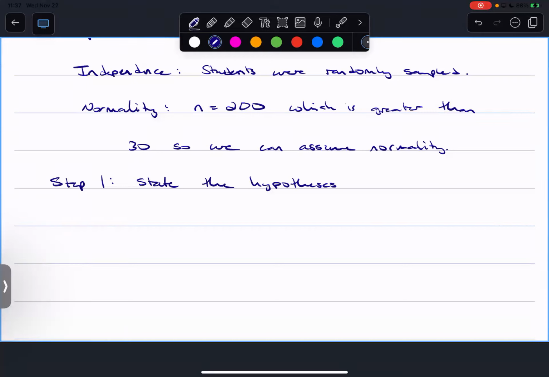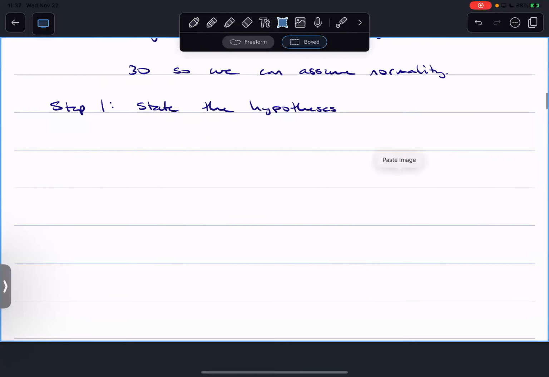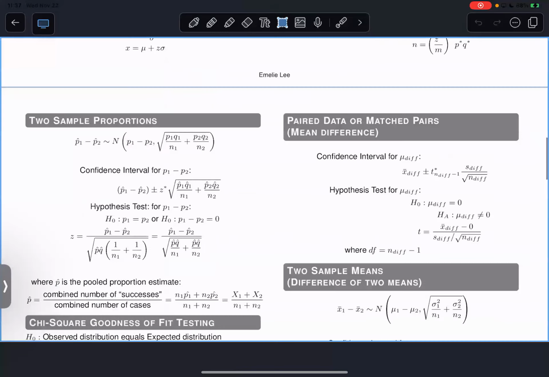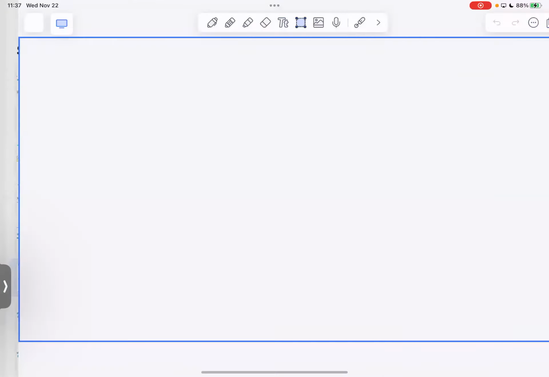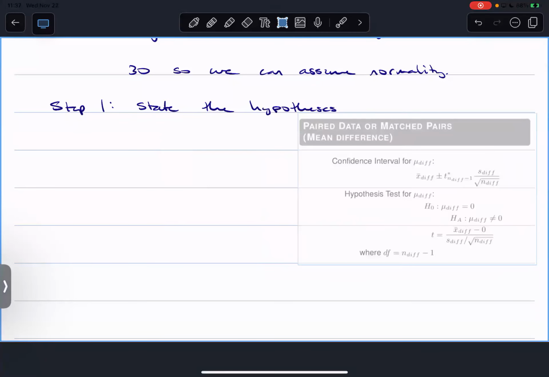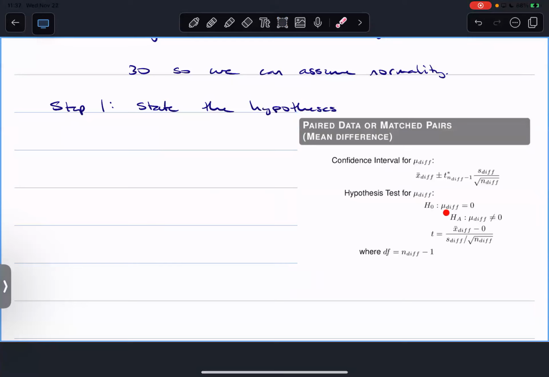We have at many points determined that this is a paired data type of question, right? And so from our formula sheet, you're reminded that my null hypothesis is that mu diff is equal to 0.